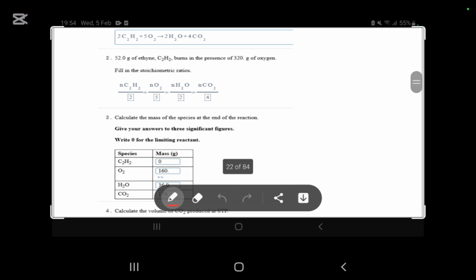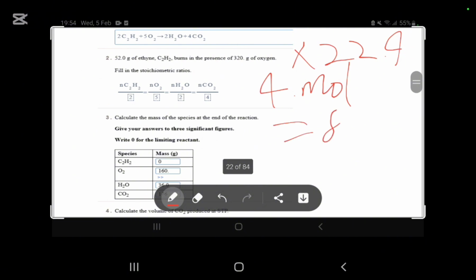So to find the moles, we do mass over molar mass, which is 176 over 44. We have 4 moles. So to go from moles to volume in STP, we do times 22.4, which will give us 89.6.